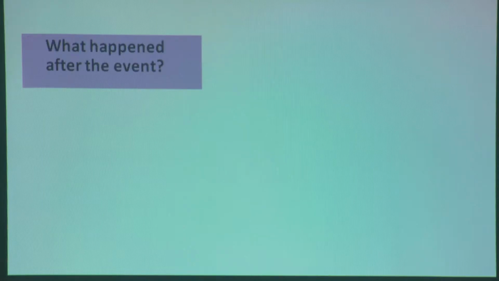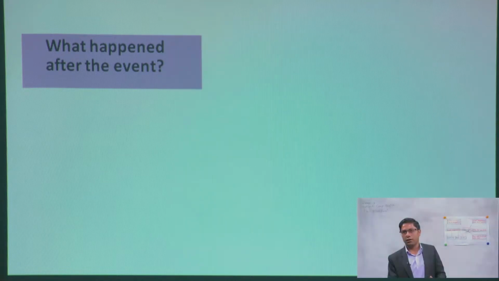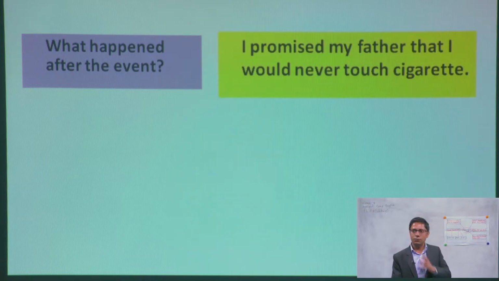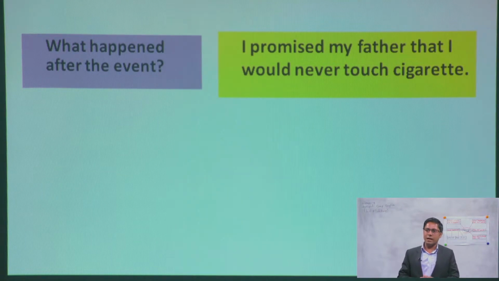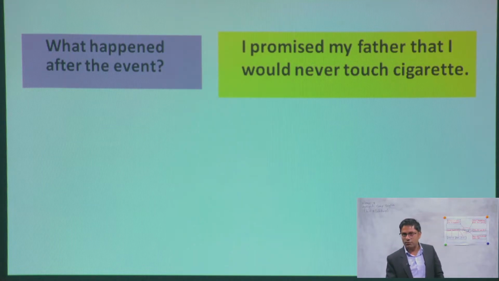Look at the next question. What happened after the event? You also think or recall the event that happened after those events you have already recalled and make a note there now. See what's written there on the screen. I promised my father that I would never touch cigarette. Okay, what's the next question?